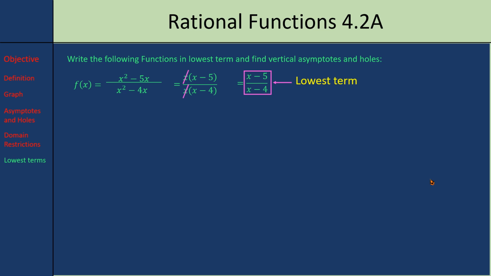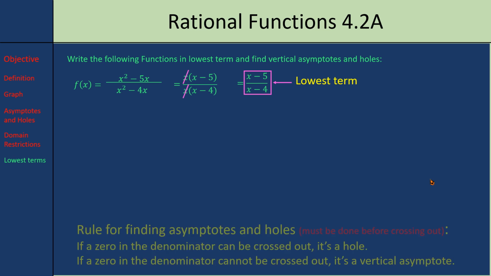Now, how do I know whether it's an asymptote or a hole? I look at the bottom. Here's the rule. This must be done before the crossing out. Be careful. If the 0 in the denominator can be crossed out, it's a hole. If it cannot be crossed out, it's a vertical asymptote.